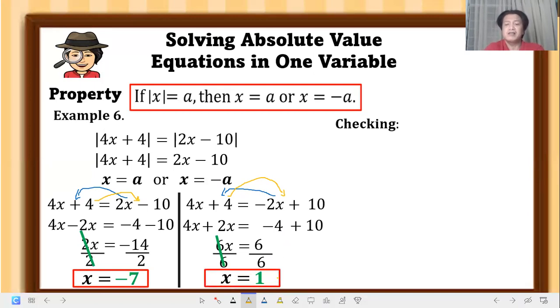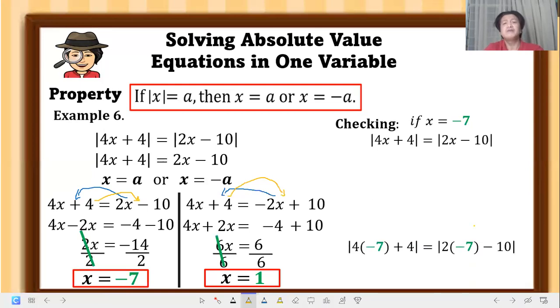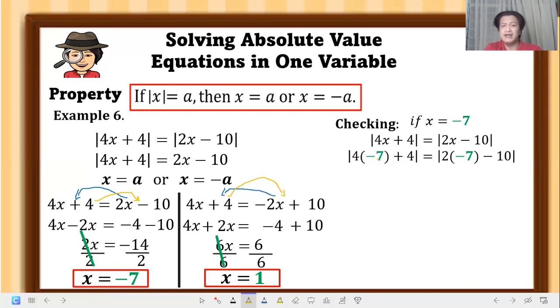Okay, check natin para makita natin kung masasatisfy ba siya doon sa equation natin. Let's substitute if x is negative 7, copy the absolute value equation, i-replace lang natin. Negative 7, when you multiply by 4, negative 28 na yon. Negative 28 plus 4, that will become, ayan, naka-absolute value pa lang siya.